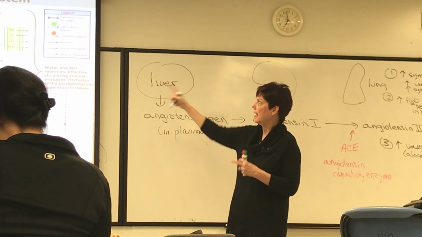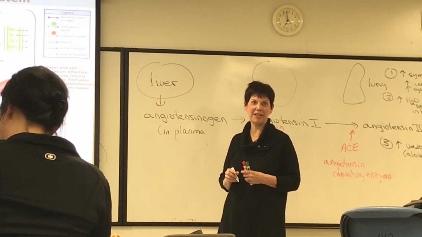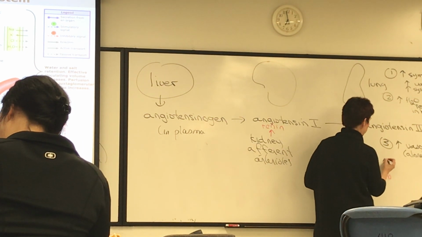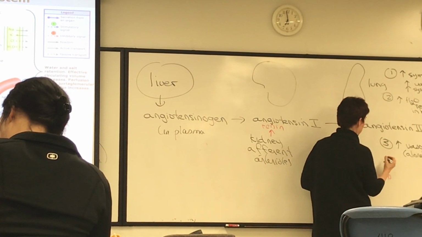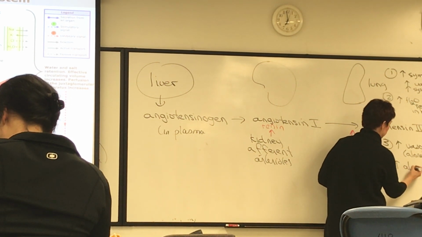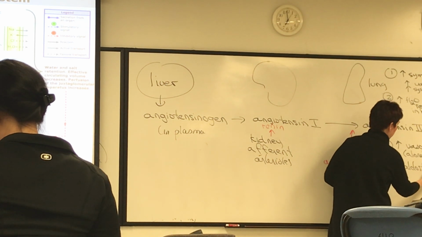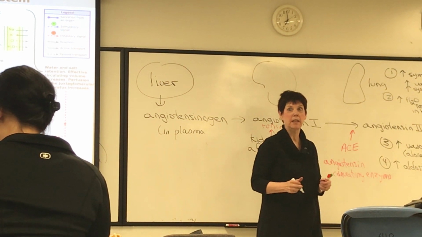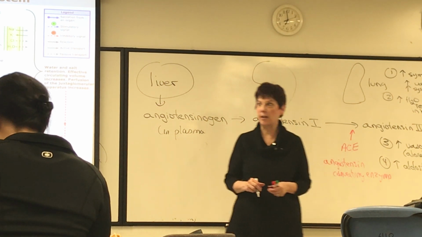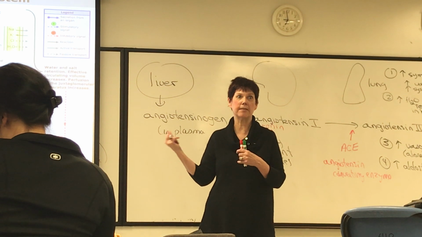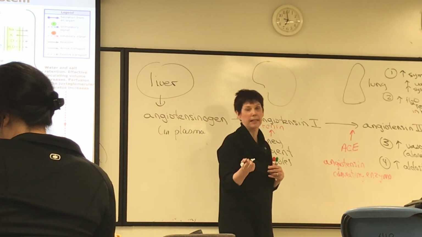And then it increases 2 hormones that we've already talked about. It causes the adrenal glands to release more aldosterone. We'll talk about that effect on Tuesday, but aldosterone increases water reabsorption in the kidneys by increasing sodium reabsorption. And this is at the distal convoluted tubule, okay, so not the proximal.